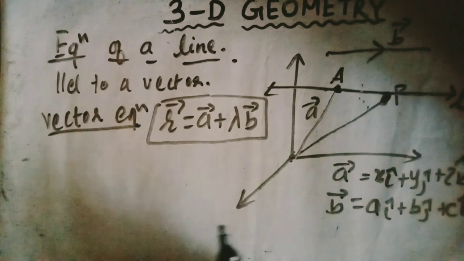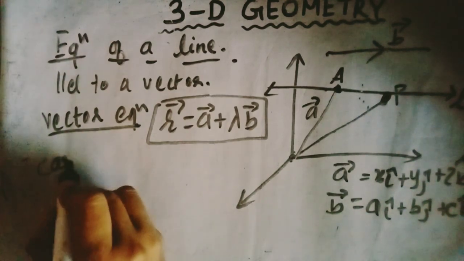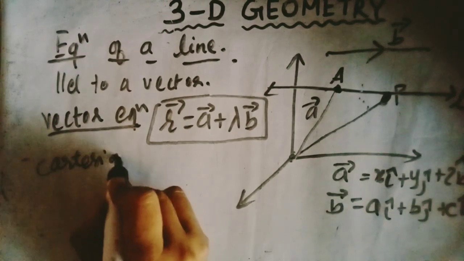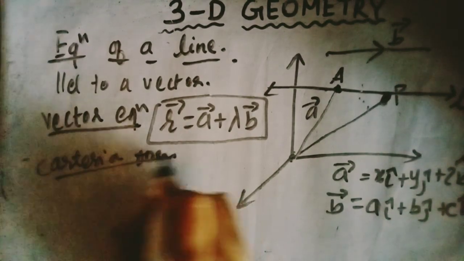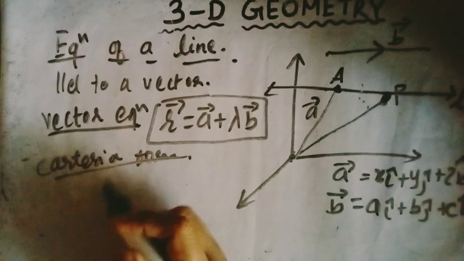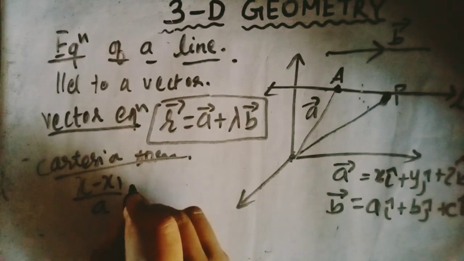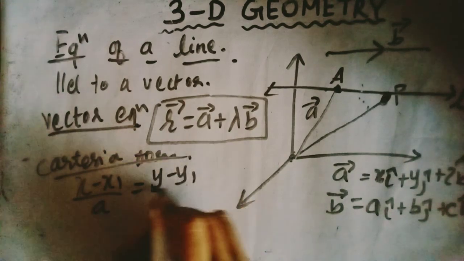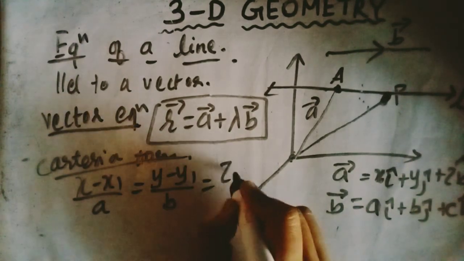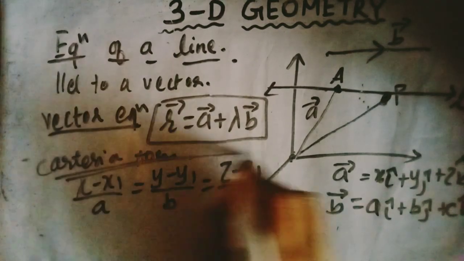Then there is another form, which is the Cartesian form. The Cartesian form is given by (x minus x1) upon a, (y minus y1) upon b, and (z minus z1) upon c.